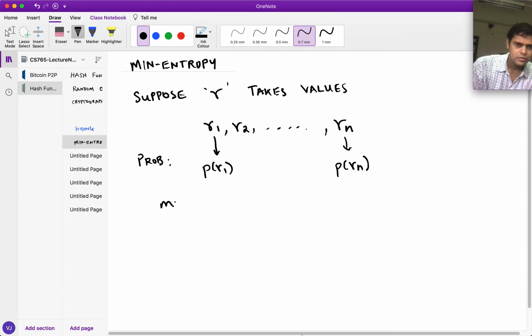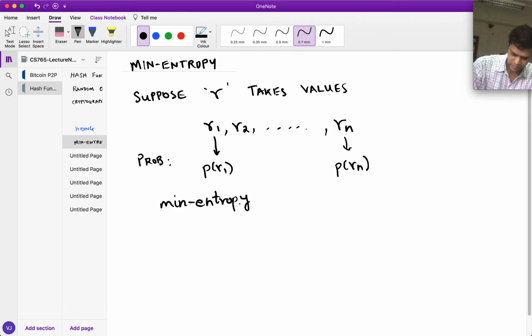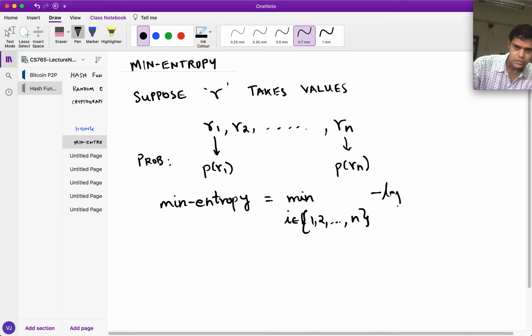Okay, so to capture that, I come up with this thing called the minimum entropy, and the minimum entropy is given by the minimum, over i belonging to 1, 2 and so on up to n, of minus log to the base 2 of the probability P of Ri.